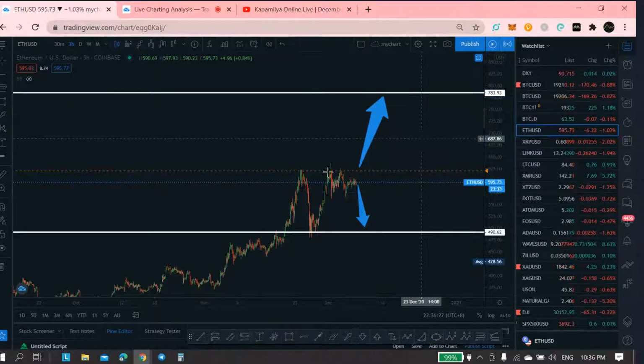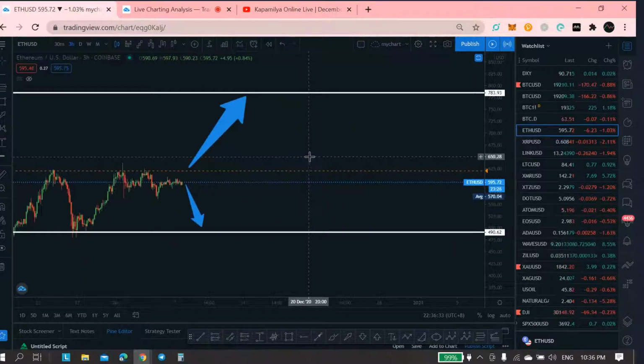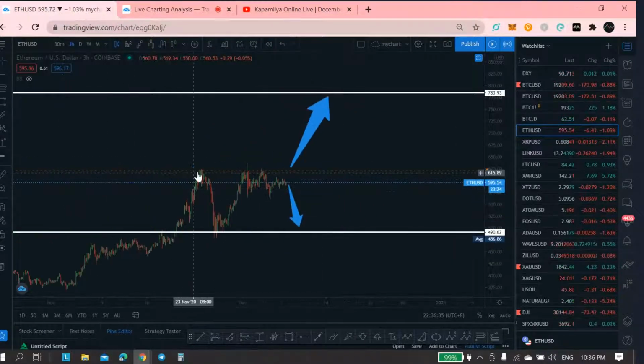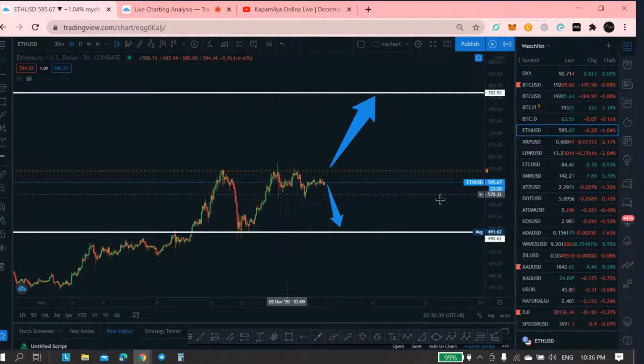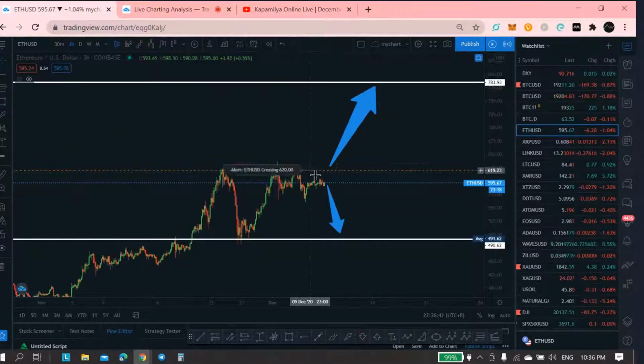If it breaks the 620, I want a solid breakout, not a weak one, because at this area, this is just weak using the 3 hours time frame. So I want a solid breakout here at 620 and it could possibly retest the 783 area.